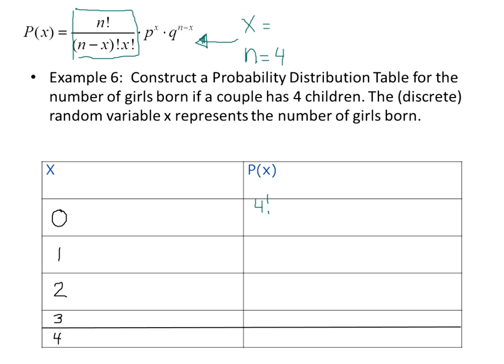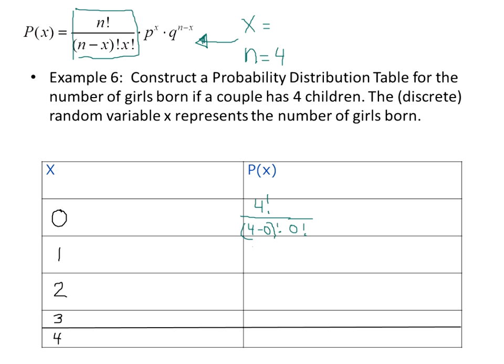Here, x is 0. So we have 4 minus 0 factorial, and dividing that by x factorial, which is 0 factorial. By doing that, that gives you how many counts you have when you have 0 girls.